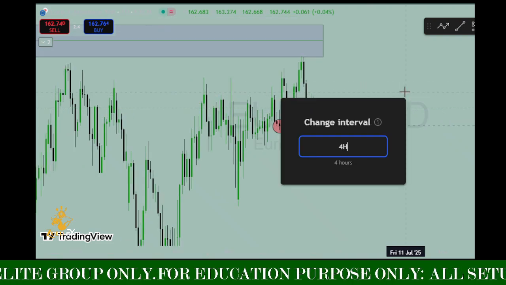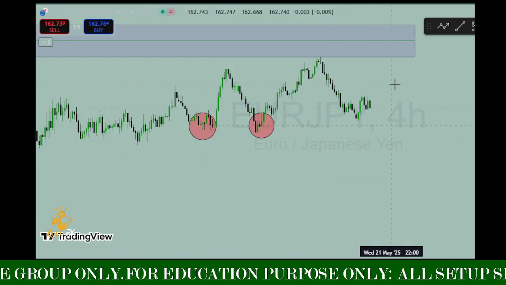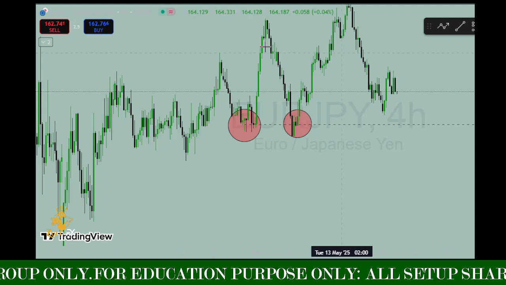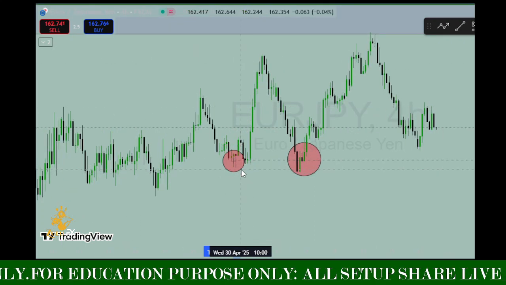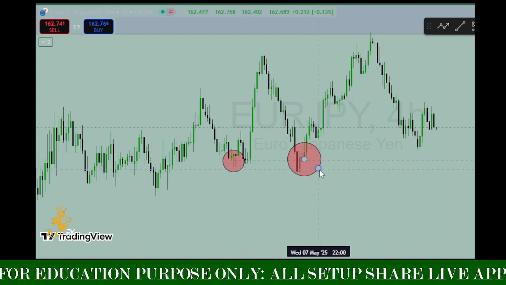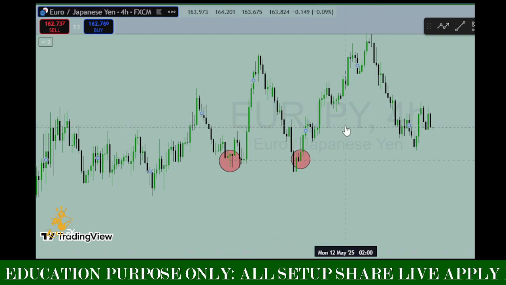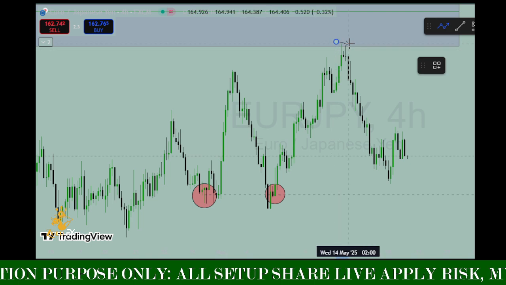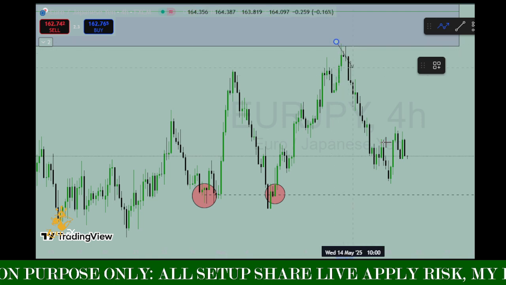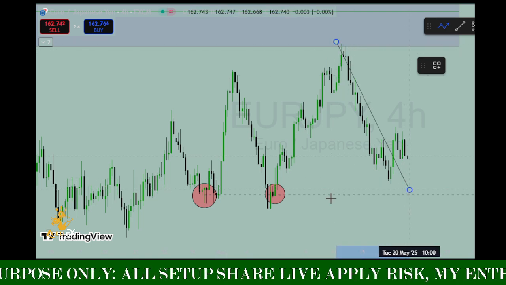We go to 4 hours. You can even have that clearly on 4 hours. You can see this is the demand zone where whenever the price came, it always rejected. Okay. So from here, we know this price tapped the daily supply zone. Now it's pushing maybe to this 4 hours demand zone.